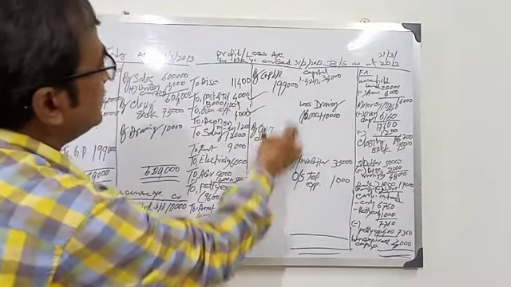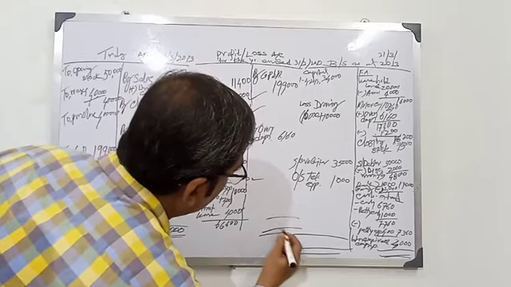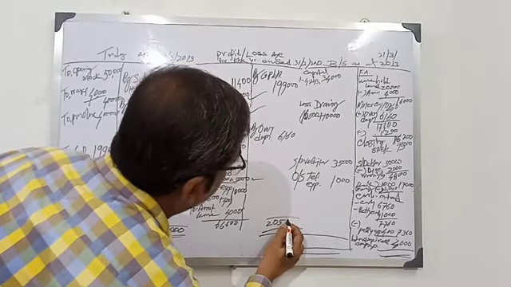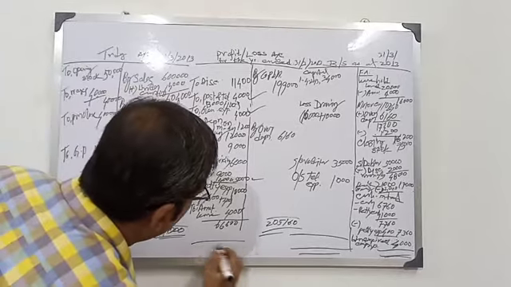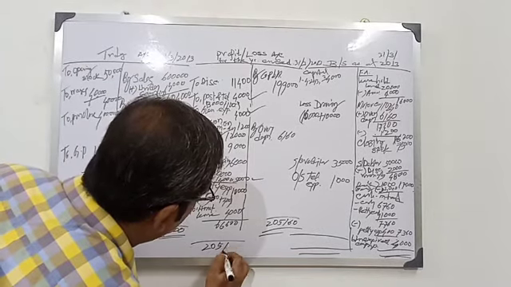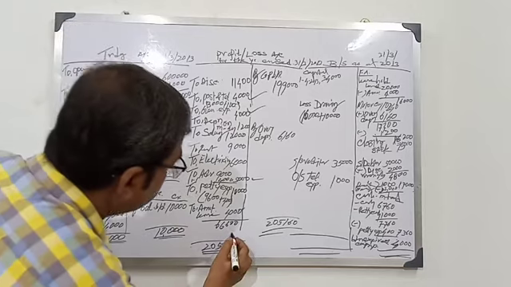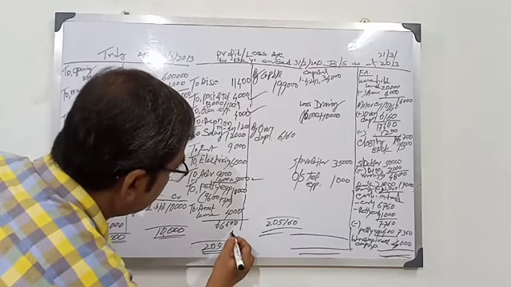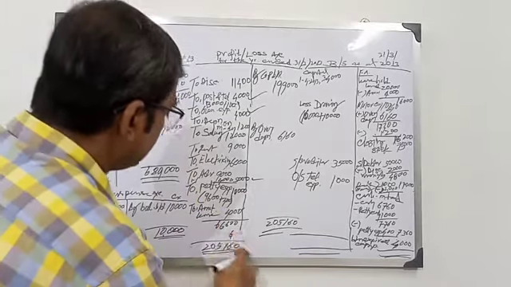199 plus 6,160 makes 2 lakhs 5,160. 205,160. Minus this 66,000, we take the difference. So what should we put?